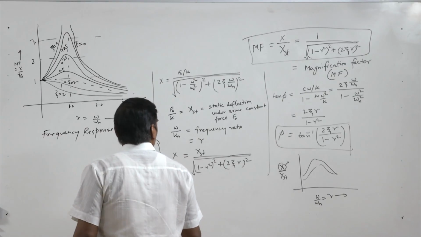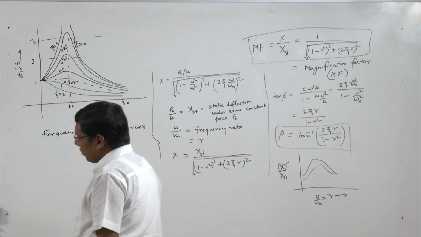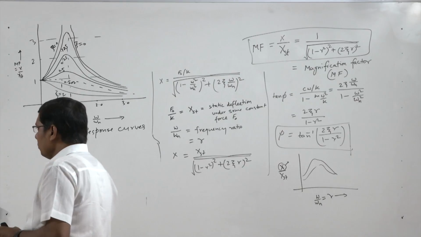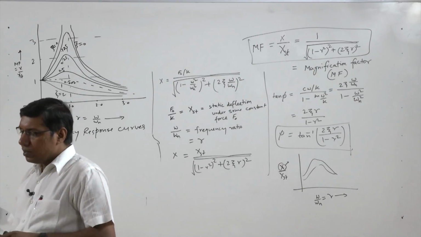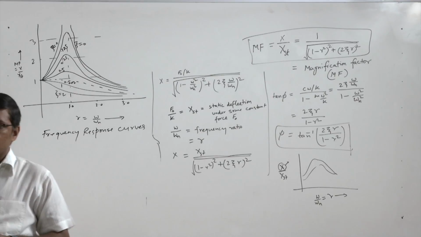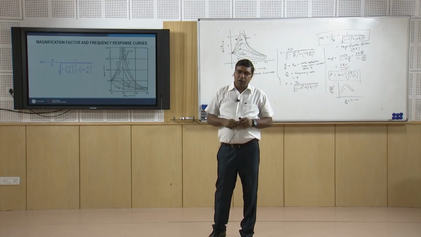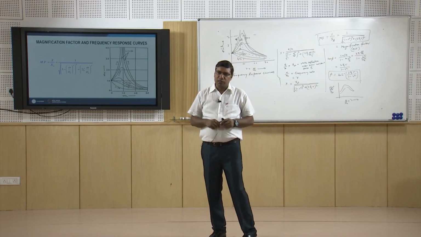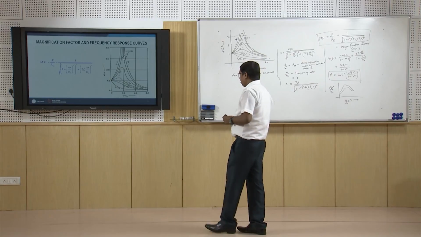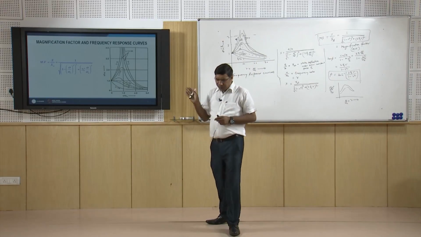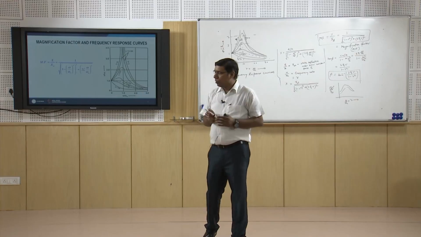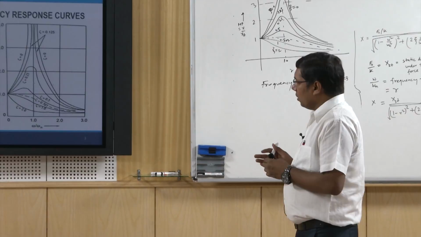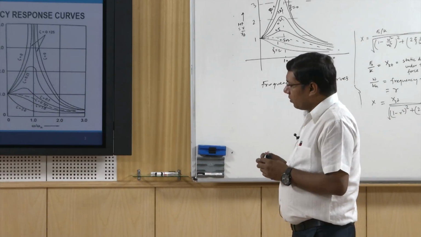Now this curve tells some important characteristics, and it helps us to design a system of our choice based on the limits of the vibration response or the amplitude of the vibration. Because here we can select our frequency range of interest, in which my system is subjected to some force.